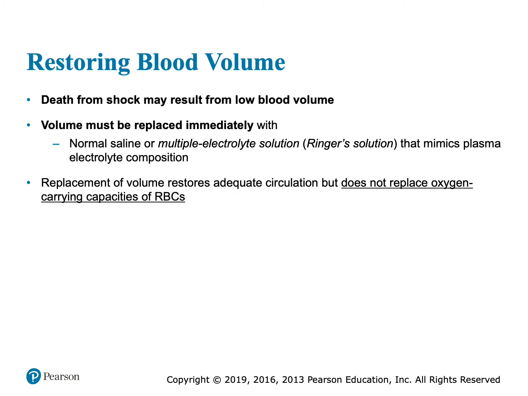So what happens if you start to bleed out? You're decreasing the fluid volume in your hose, right? Your vessels are just one giant hose. You have to replace that. It would be ideal to replace it with blood, but let's say you're at a car accident and the EMTs pick you up and they see that's way too much blood loss.